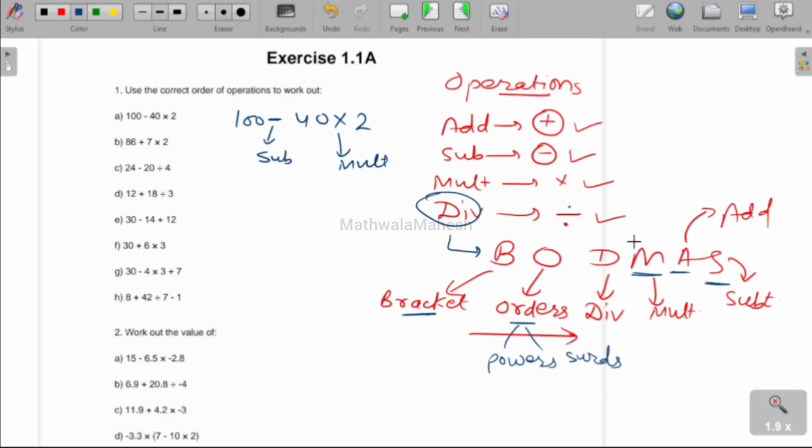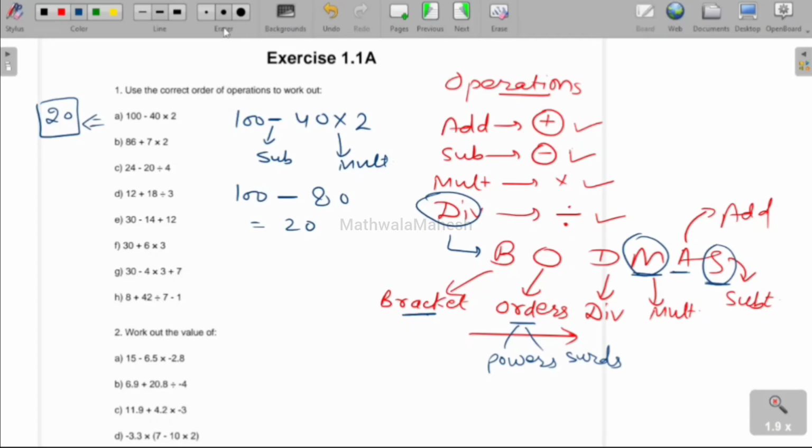We can see that first it is multiplication and after that it is subtraction. So we will first multiply. 40 multiply by 2 is 80, and 100 minus 80 is 20. So for the first question the answer is 20.